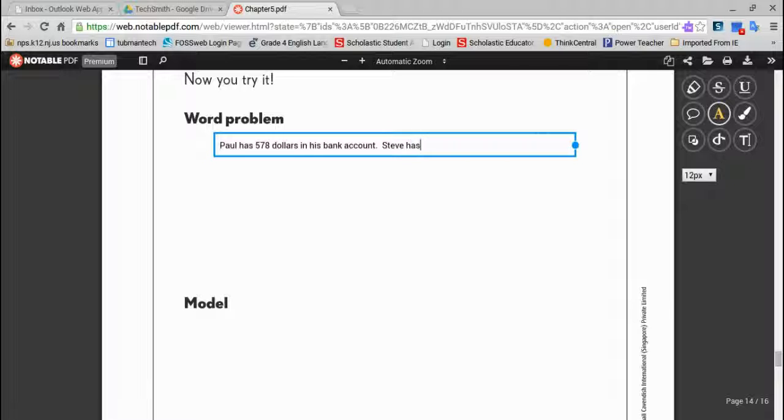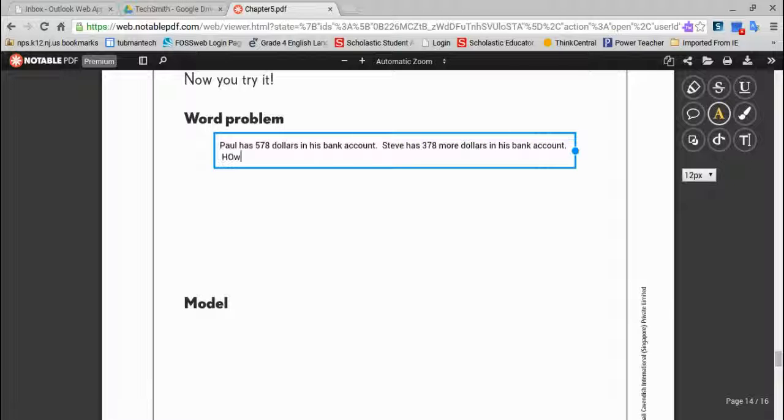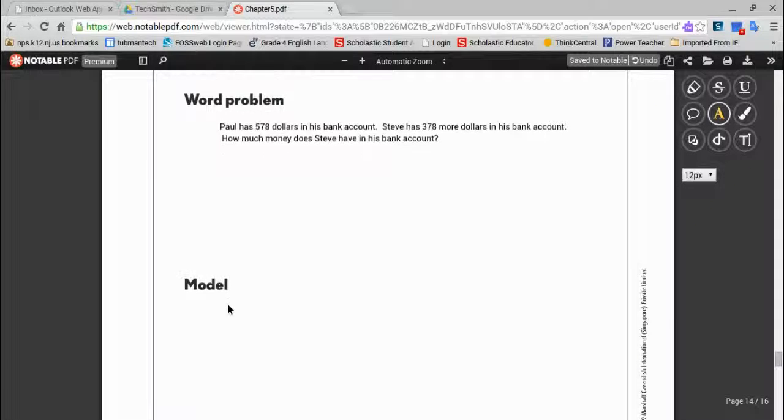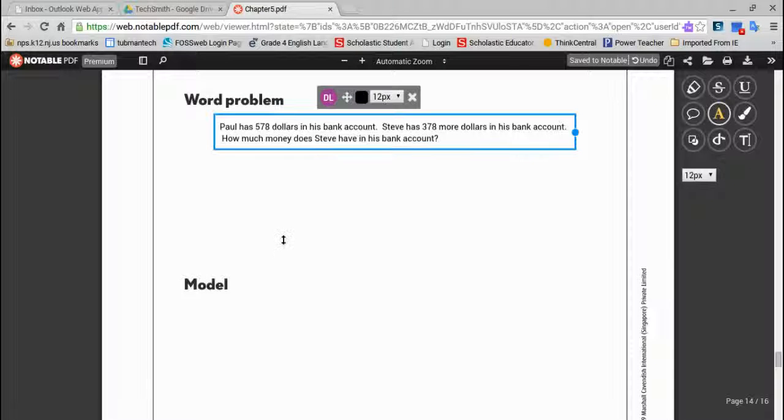Steve has $378 more dollars in his bank account. How much money does Steve have in his bank account? Okay, so here's my word problem. And now I'm going to draw a bar model to help me figure this out.